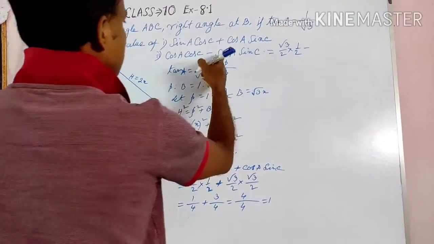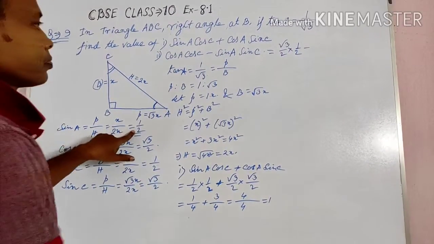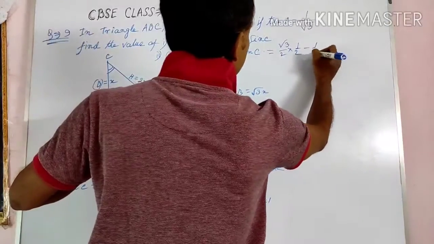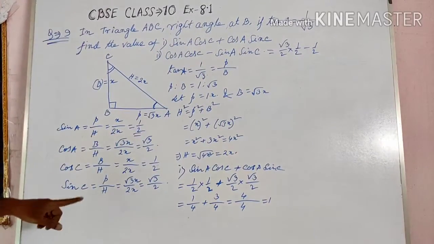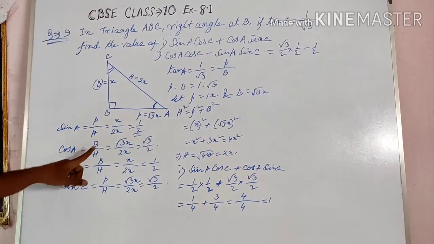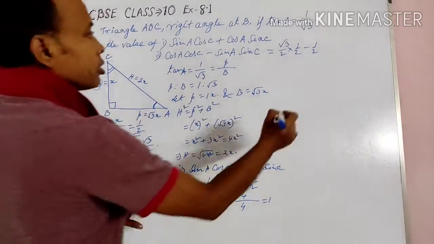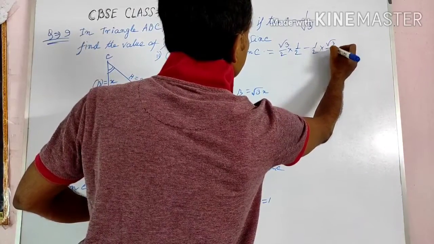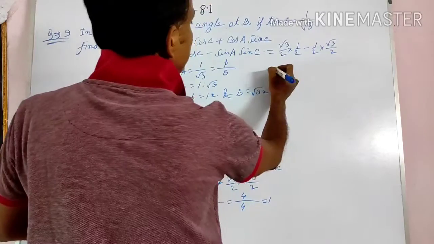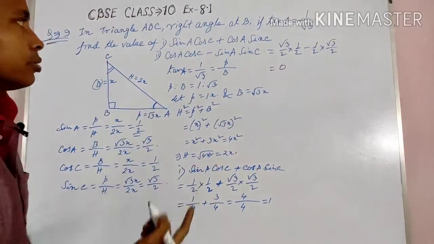Minus sin A. Here is sin A, sin A is equal to half. Then sin C. Here is sin C, root 3 by 2. So root 3 by 2 into half minus half into root 3 by 2 is equal to 0. The value of the second expression will be 0.